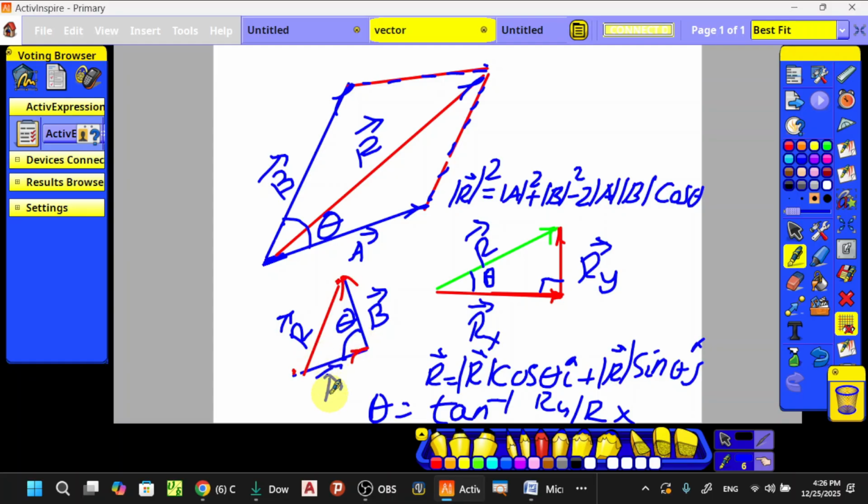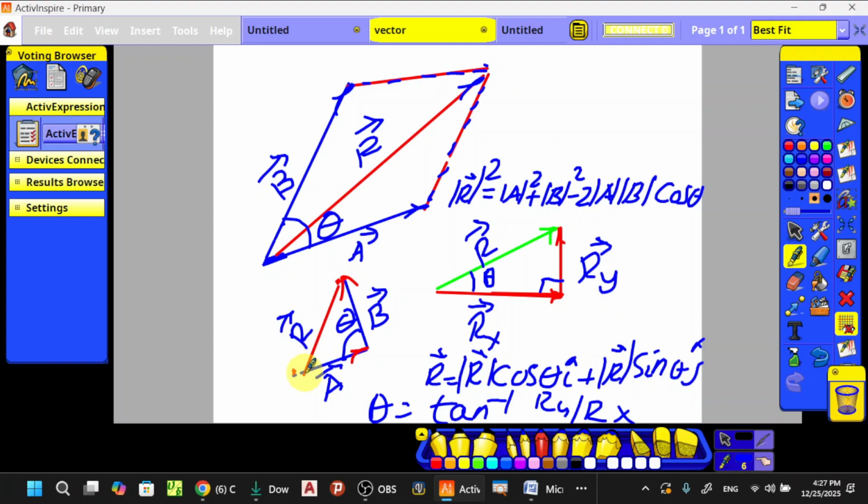So this vector A is the first vector. You draw the first vector first, then you draw the second vector at an angle theta between A and B. The angle theta is the angle between the vectors A and B. Then I draw a vector from the head of the first vector, from the tail of the second vector to the head of the second vector.